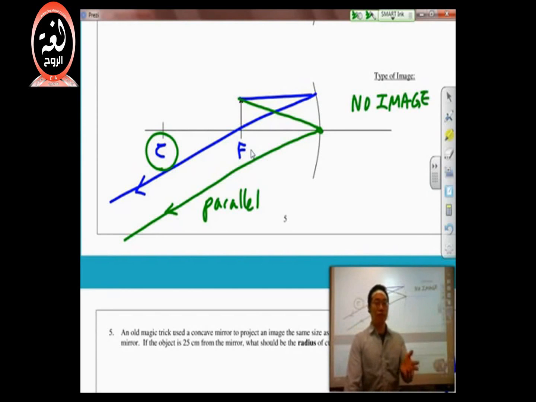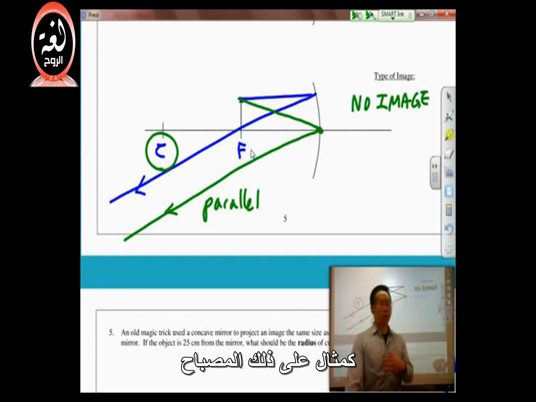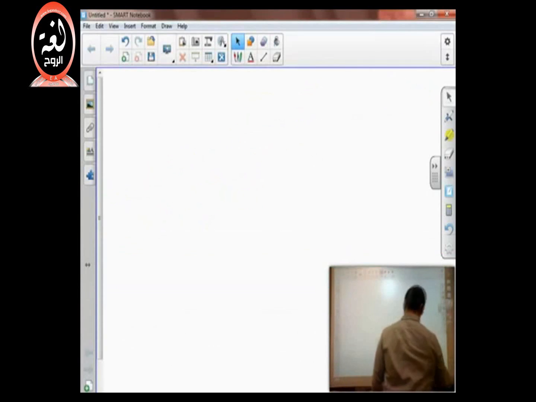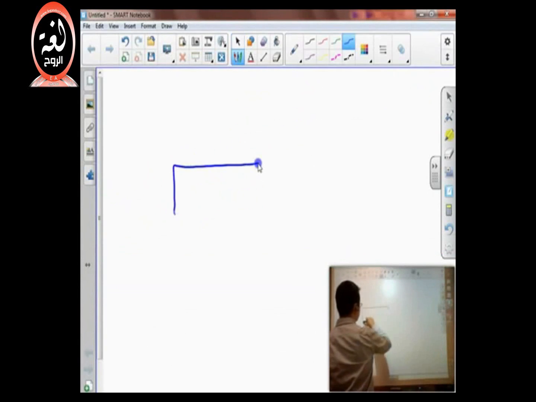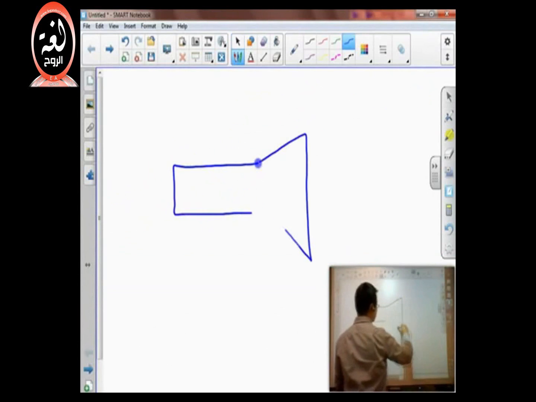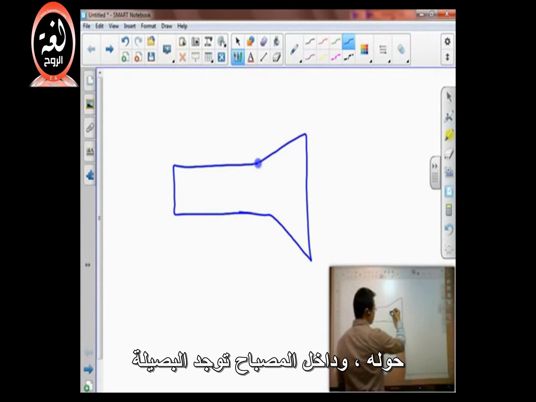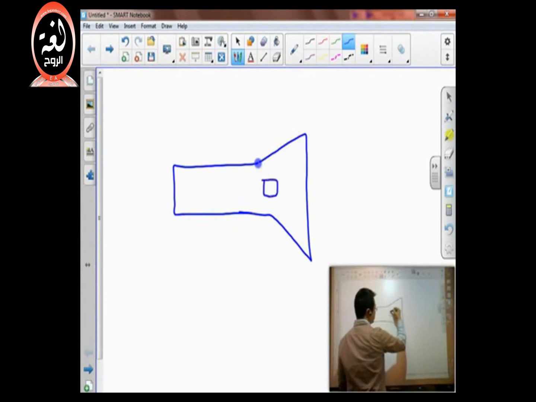An example of what uses this is your regular flashlight. If you think about how a flashlight or even a car headlight is shaped, you've noticed hopefully every flashlight has like a little cone around it, right? And inside the flashlight, you have your bulb, and basically you have the battery inside over here.